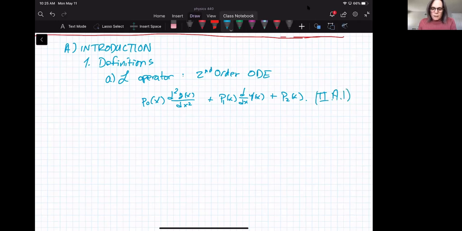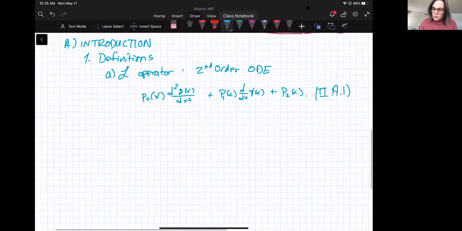Okay. And you can recognize that if we divide by P naught, P1 over P naught would be our capital P, and P2 over P naught would be our Q.